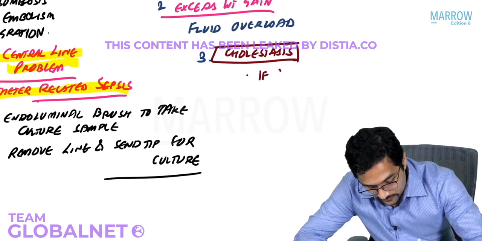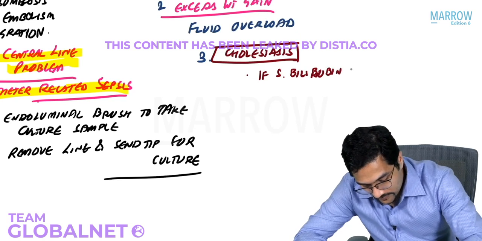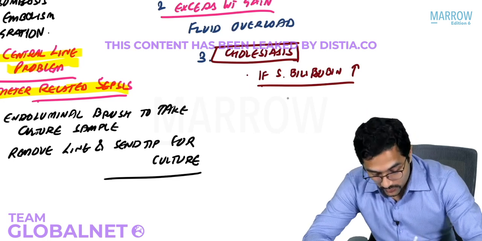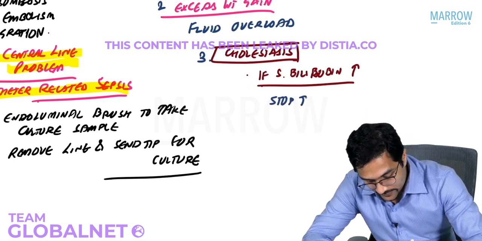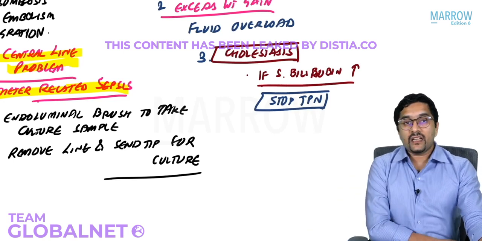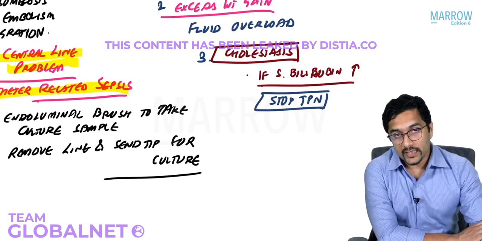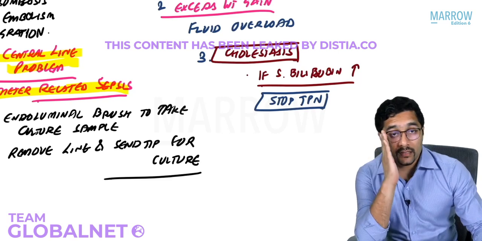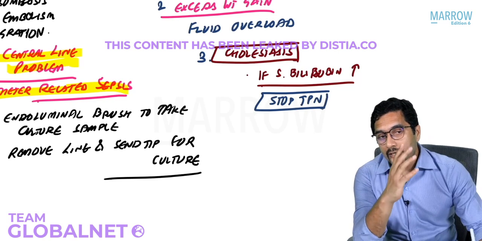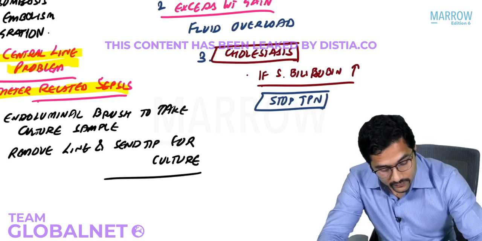If serum bilirubin is increasing, then we have to stop TPN till it settles down, right? So we have to monitor this. I told you weekly liver function and kidney function tests are done, and if bilirubin and the liver enzymes are constantly increasing, you have to withhold TPN till they settle down.